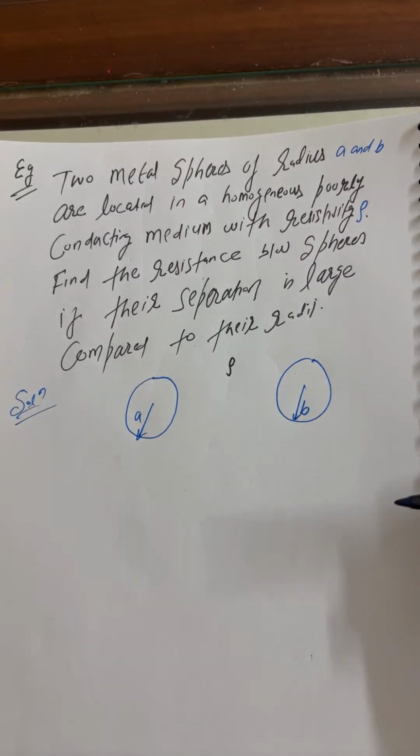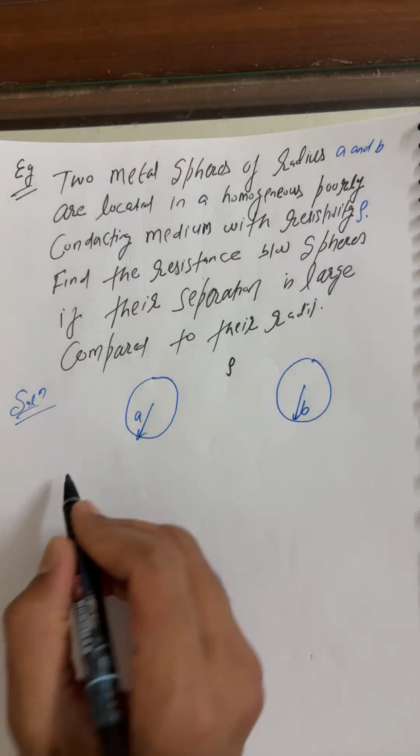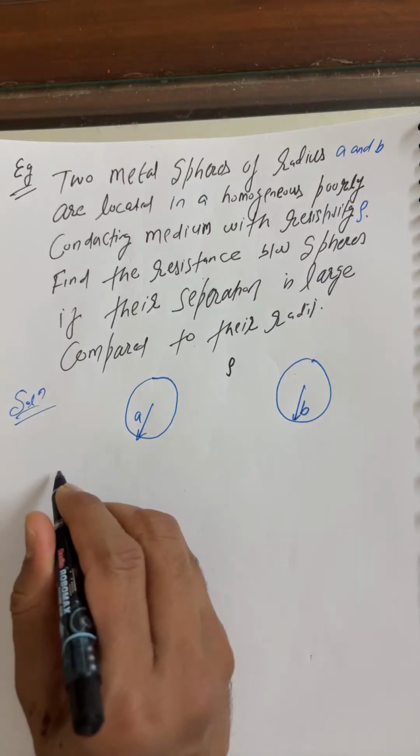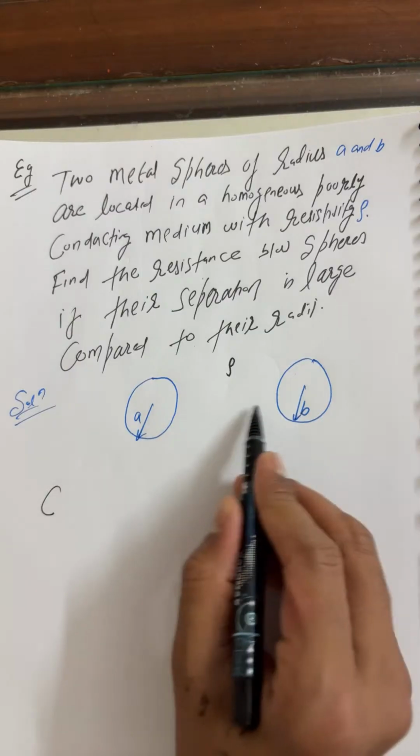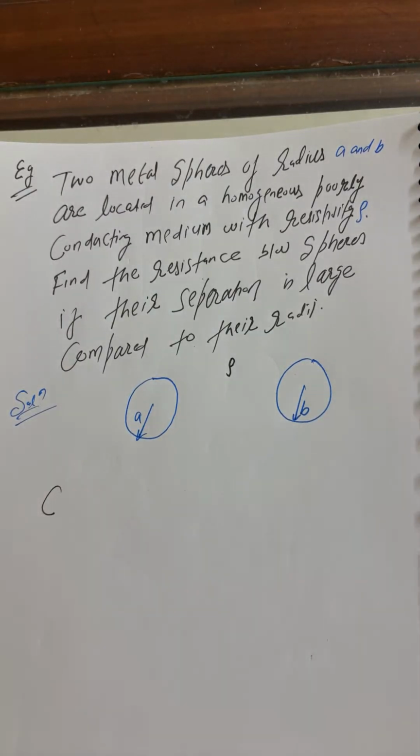If we assume the dielectric constant of the medium is K, then the capacitance of this system of two spheres is, beta, I can write here: what is the capacitance of a spherical capacitor if I'm considering a dielectric medium between the capacitor.